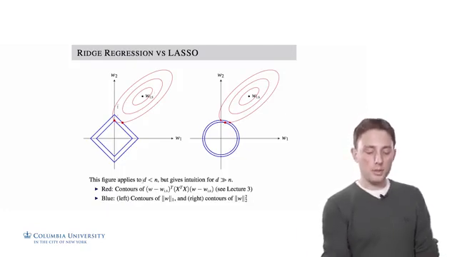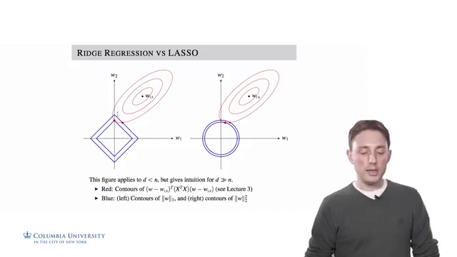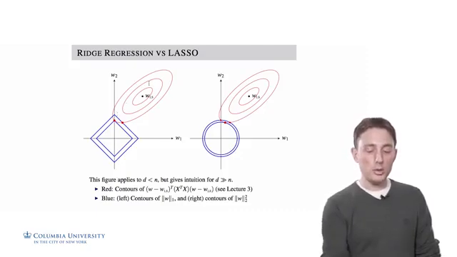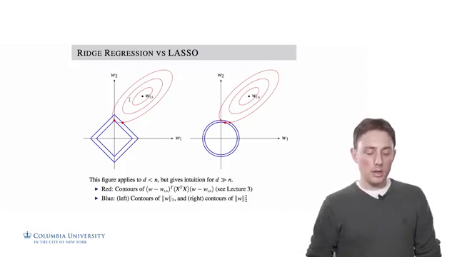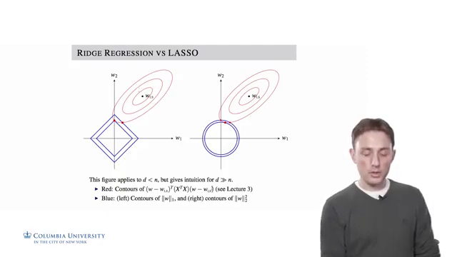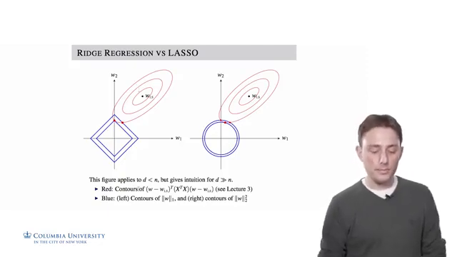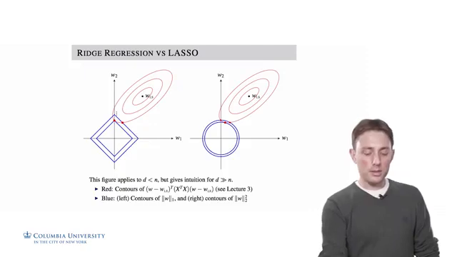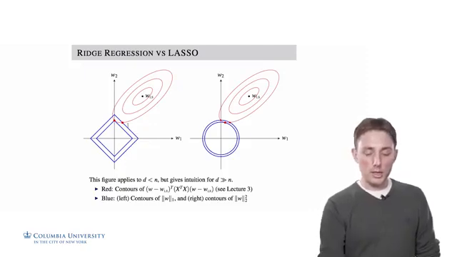So again, we can represent the objective for the L2 problem, or ridge regression, as a combination of a quadratic term involving the least squares solution. So this is from lecture 3. And then a penalty, which has to do with the contours. So this is for the ridge regression problem, the contours of the penalty.